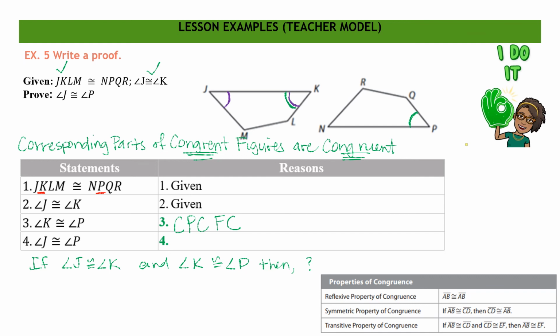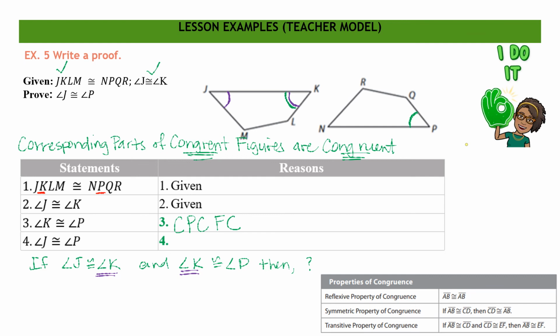Well, I have two statements here that share the same parts. Two statements, angle J congruent to angle K, and angle K congruent to angle P, sharing the part of angle K.